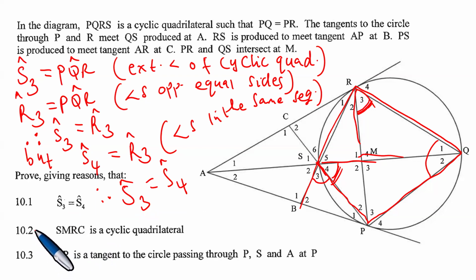So the next question is 10.2. We want to prove, giving reasons, that SMRC is a cyclic quadrilateral. Here is S, here is M, here is R, and here is C. It's a cyclic quadrilateral.